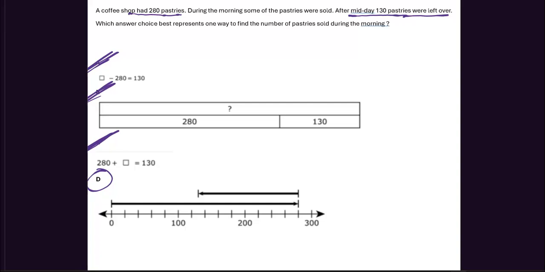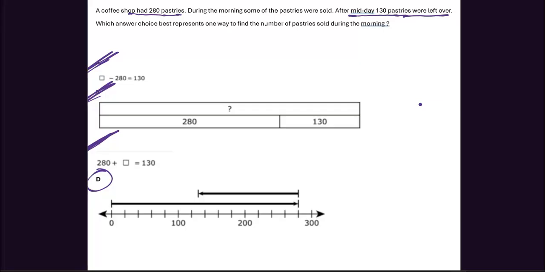Here you have your number line. The number line is counting by hundreds, right? But we need to figure out what the marks are in between. So from 200 to 300, let's try tens. 10, 20, 30, 40. Nope.